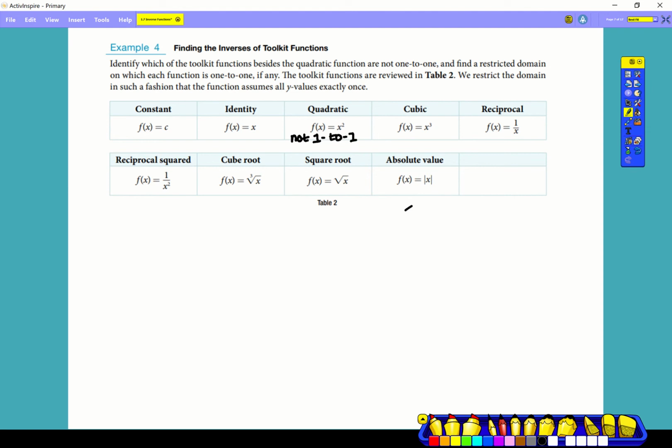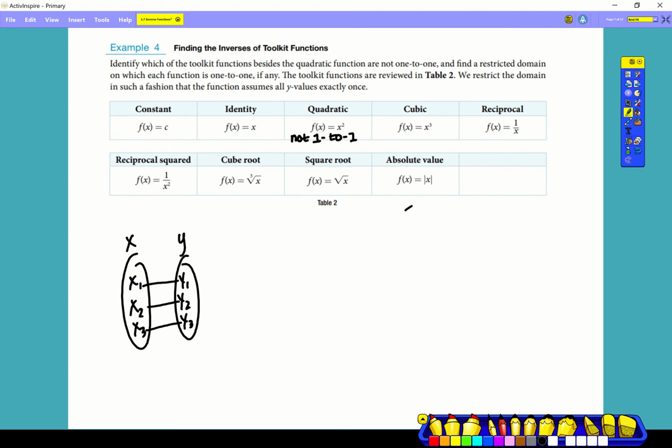So what one-to-one means is that if I have a value of x and I put it into f of x, I can only have one y value for every x value.